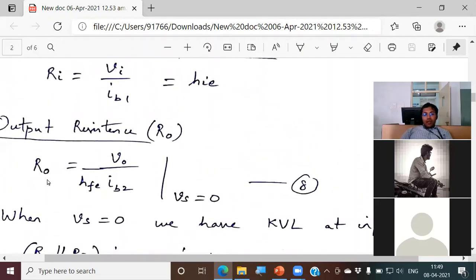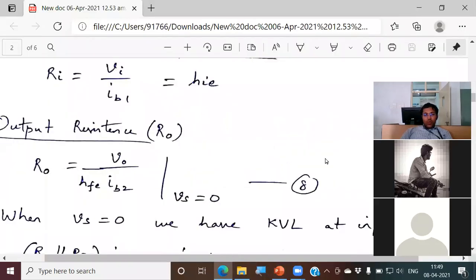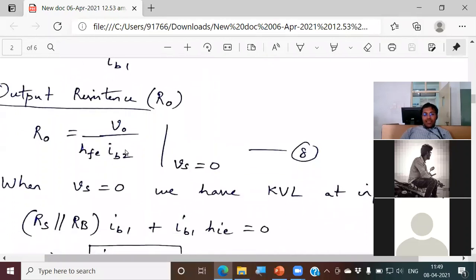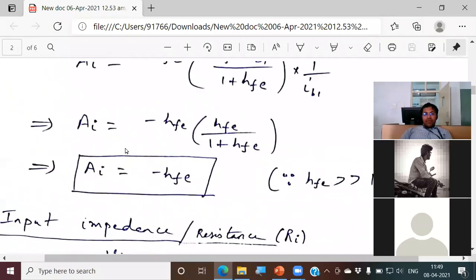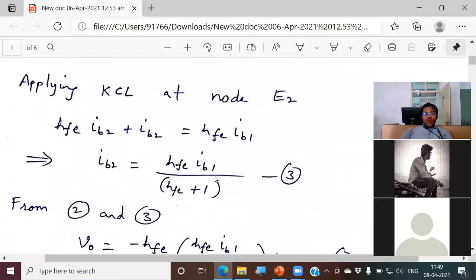Because R naught is V naught divided by HFE IB2. So IB2 I have to replace here. But from equation 3, IB2 is related to IB1, so I should find out what is IB1. How can I get IB1?